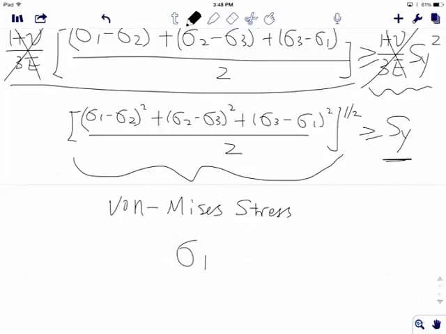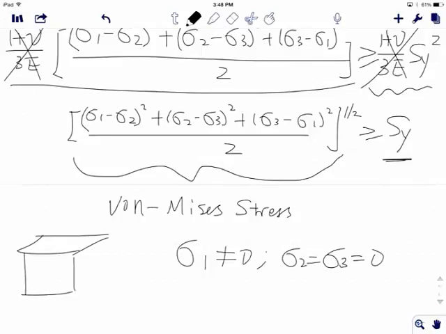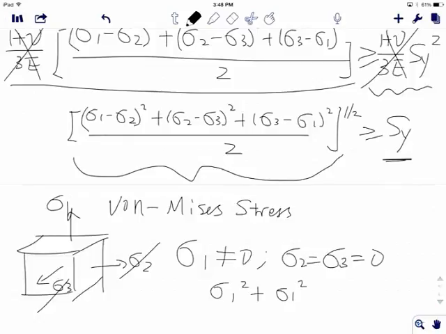So see here, this is non-zero and the 2 and the 3 are 0. This is the case we did: this is one direction, and 2 and 3 are 0. If we plug that in, you have the square root of sigma 1 squared plus sigma 1 squared, divided by 2.